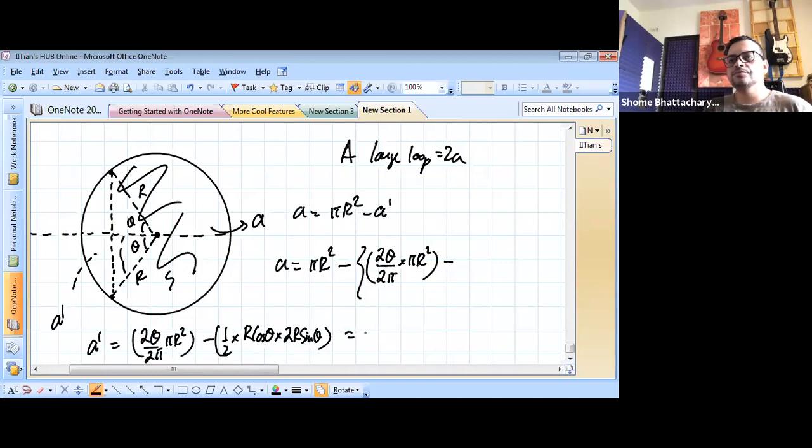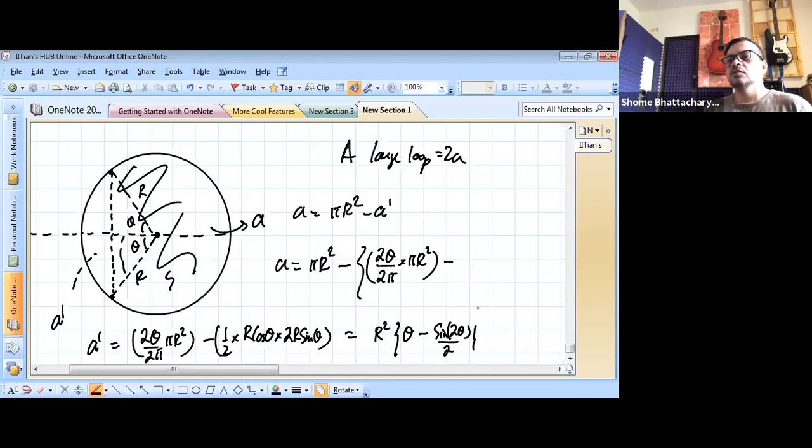Take r square common, so you get theta over here minus, यहाँ पे कितना आ जाएगा? sin theta cos theta, or sin 2 theta by 2, something like this.